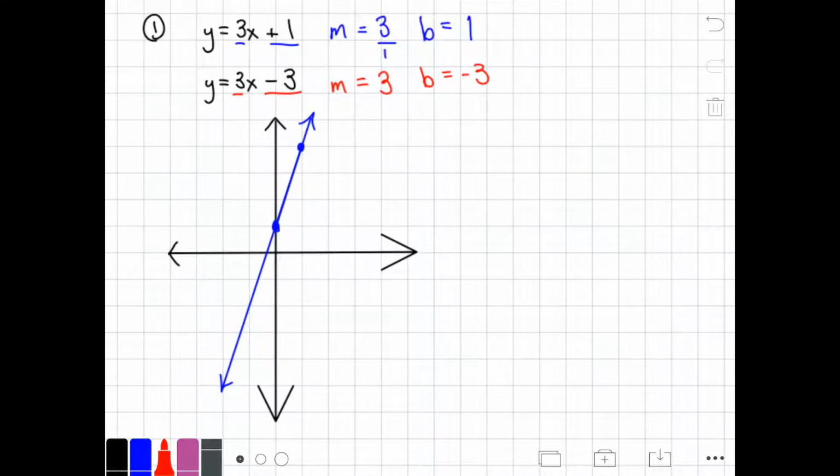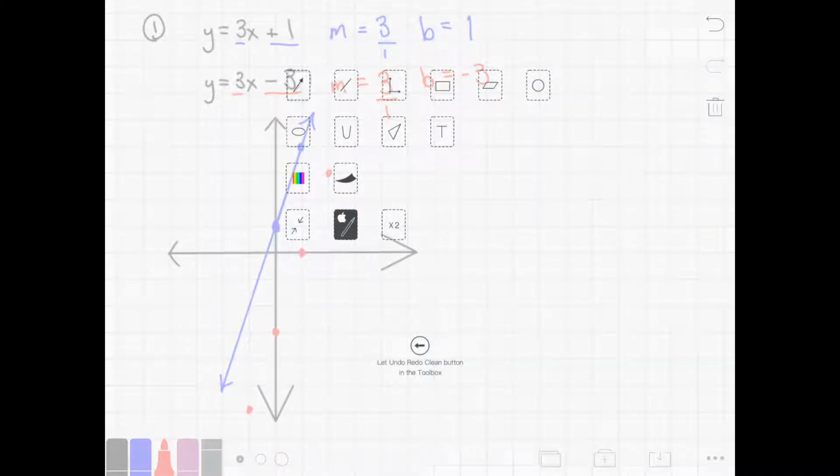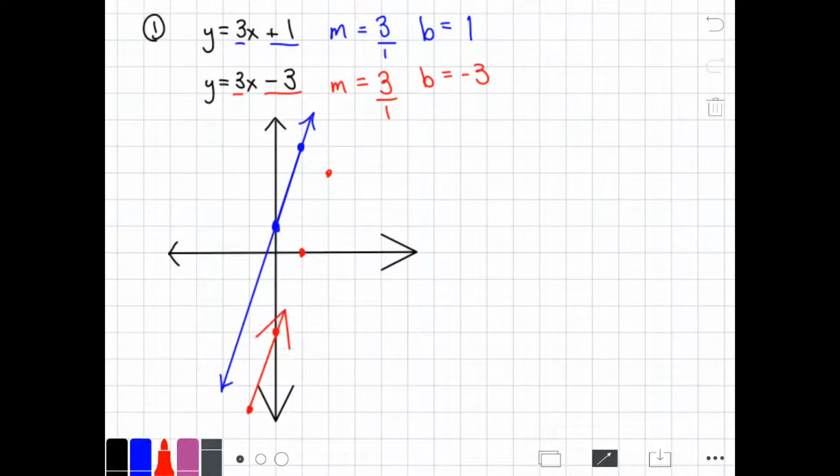So this one's going to cross at -3. And again, our slope is our rise over our run. It's going to go up 3 over 1. I can actually do that a couple times to give myself a better idea of where this line is going to go. Let's go ahead and draw a straight line.